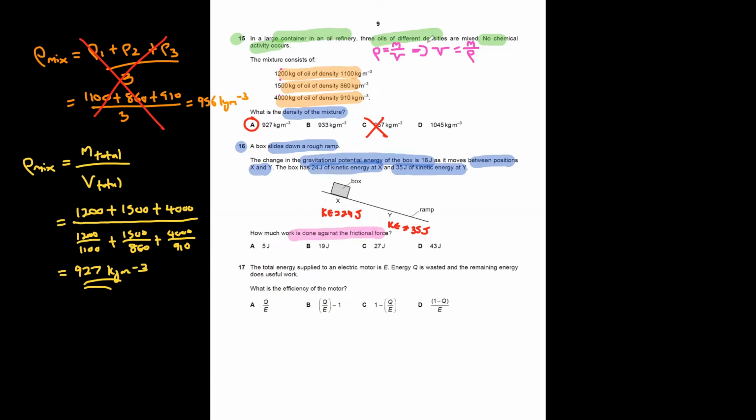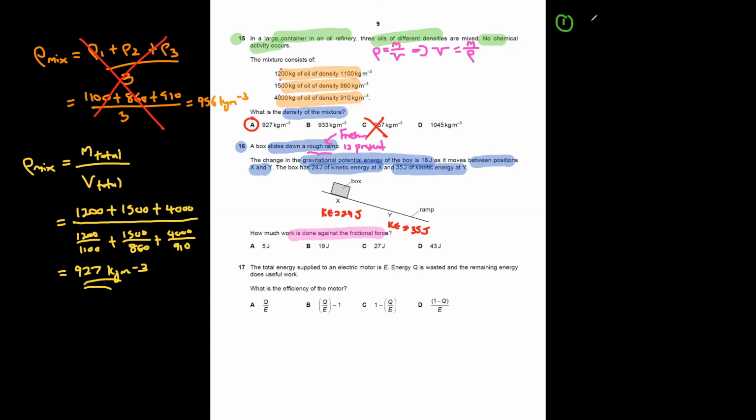Now, in the first place, when they tell you that you have a rough ramp here, this one already means friction is present. Okay, so they want you to find out what is the work done against the frictional force. So in my case, you need to apply conservation of energy.